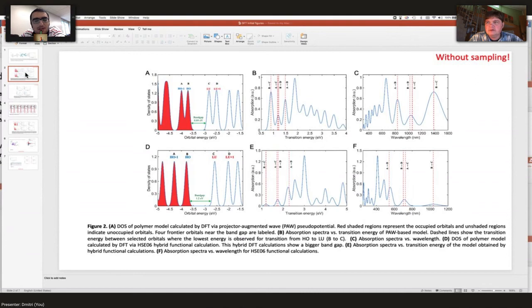So organized. The next thing that I want to ask your opinion on is the spectrum, even for transition energy or wavelength, we did sampling. So we have an average value. However, for the DOS, because there is a shift in the energy of the band gap, we cannot have an average for density of states because the gap would disappear.